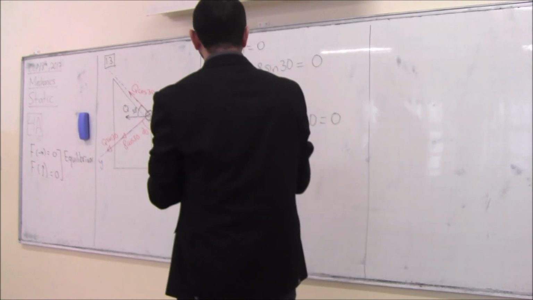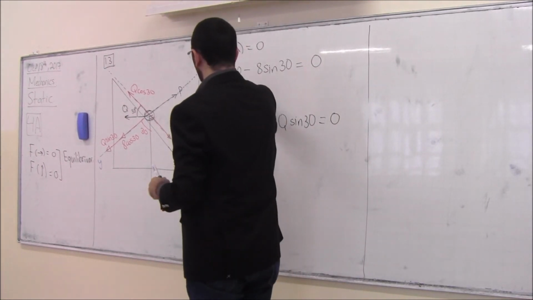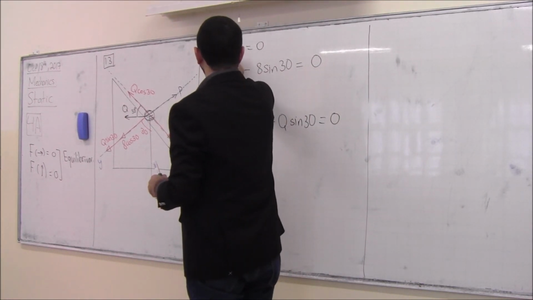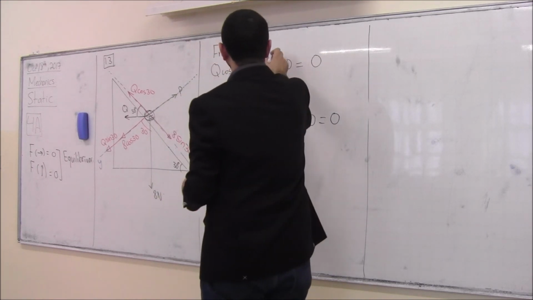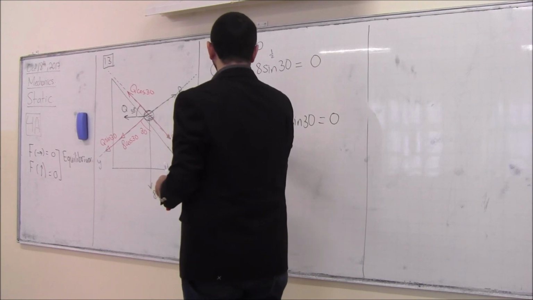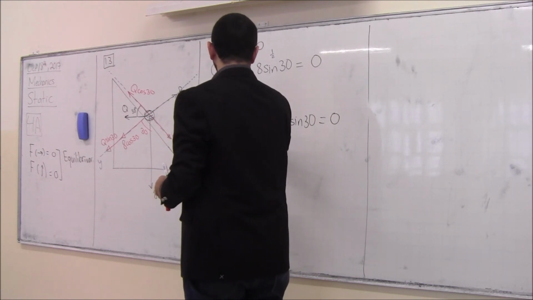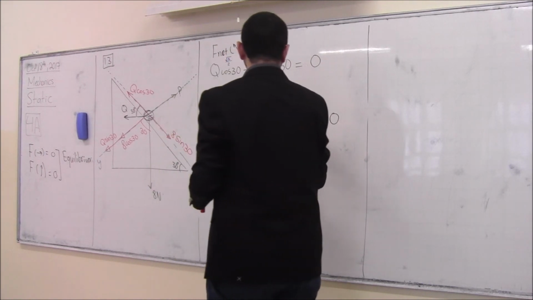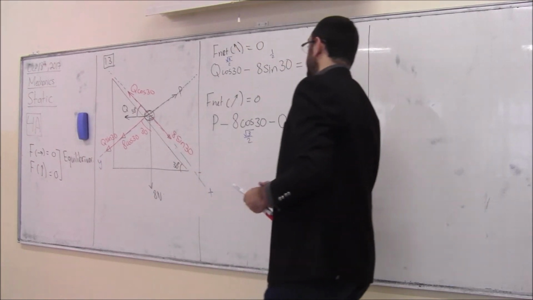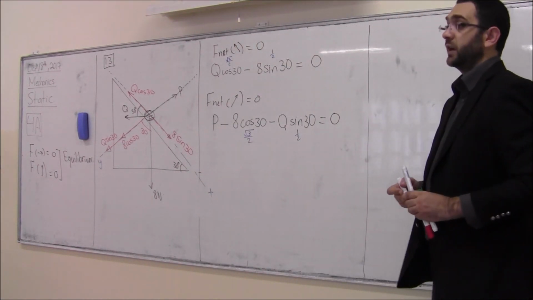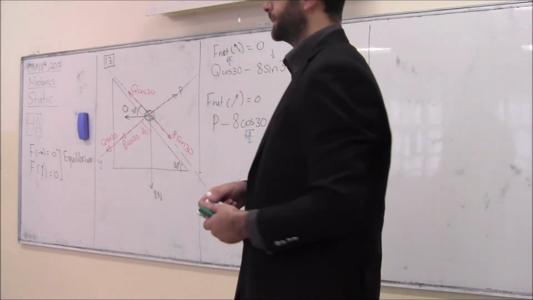To simplify this, instead of cosine use square root of 3 over 2, and sine is 1/2. And by doing algebra, you can find P and Q.